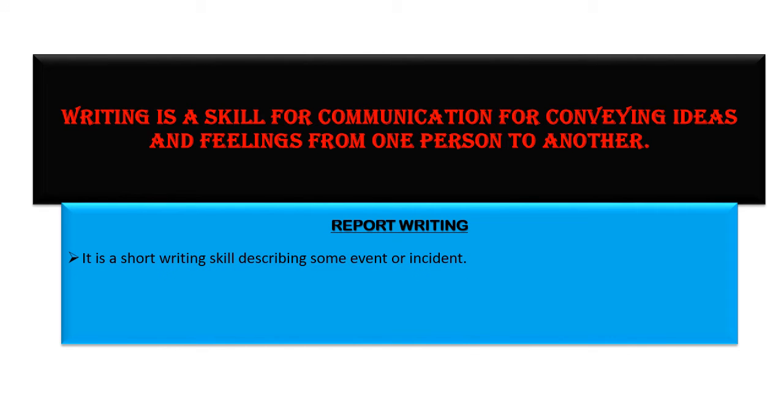It is a short piece of writing describing some event or incident. Normally, there are two main types of report: the event report and the incident report. The incident report is also your news report, and the newspaper report is included in the incident report, which will be asked in your examination.